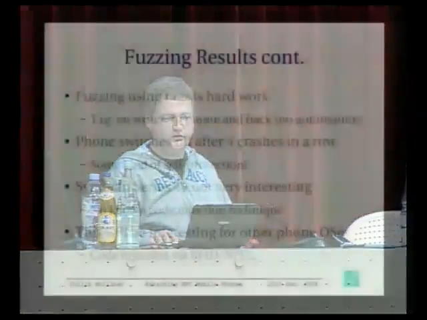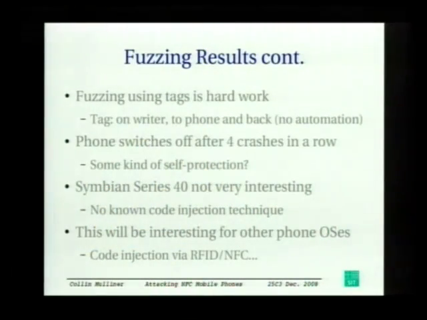The really bad thing about fuzzing so far is that it's really time consuming, because you have a card, put it on the writer, take the card, hold it to the phone, and see if the phone does something stupid. It's really not optimized so far.